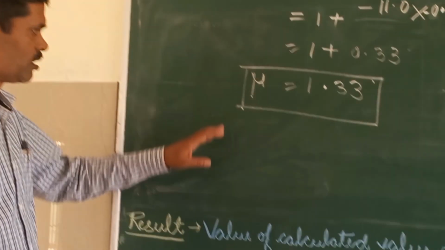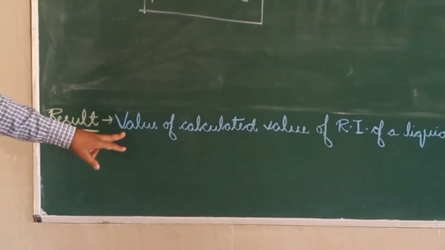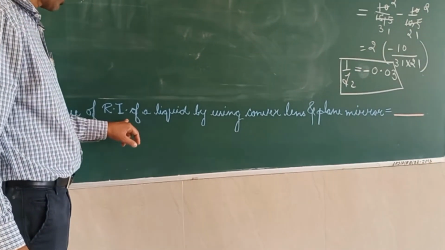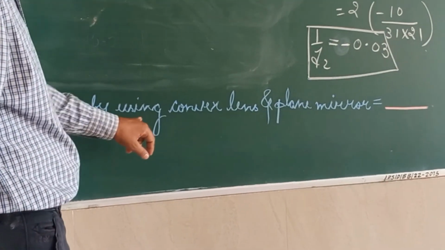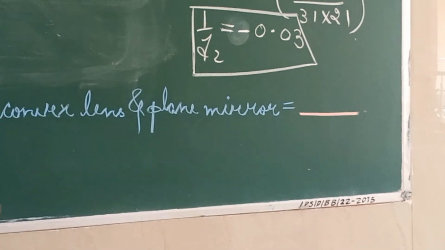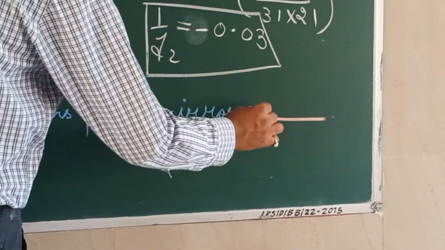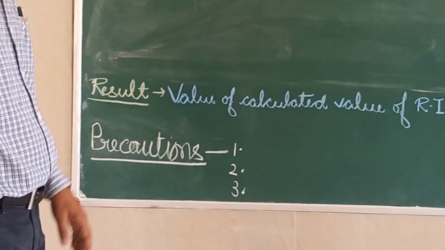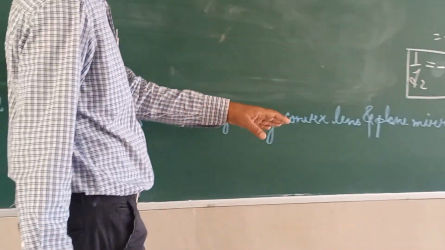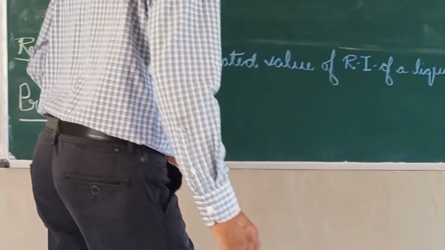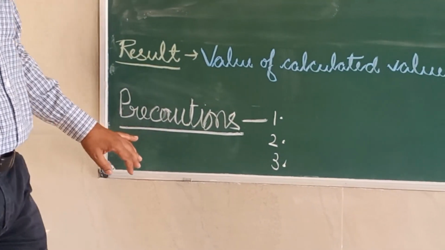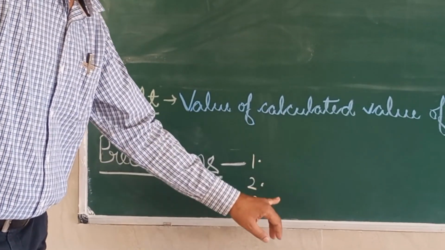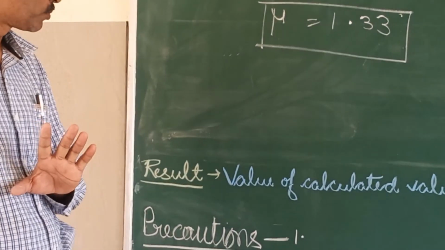Hence, now write the result. The calculated value of the refractive index of a liquid by using a convex lens and plane mirror will come 1.3. Okay. After writing the result, you should write precautions, at least 3 precautions, which I have sent in the class book.